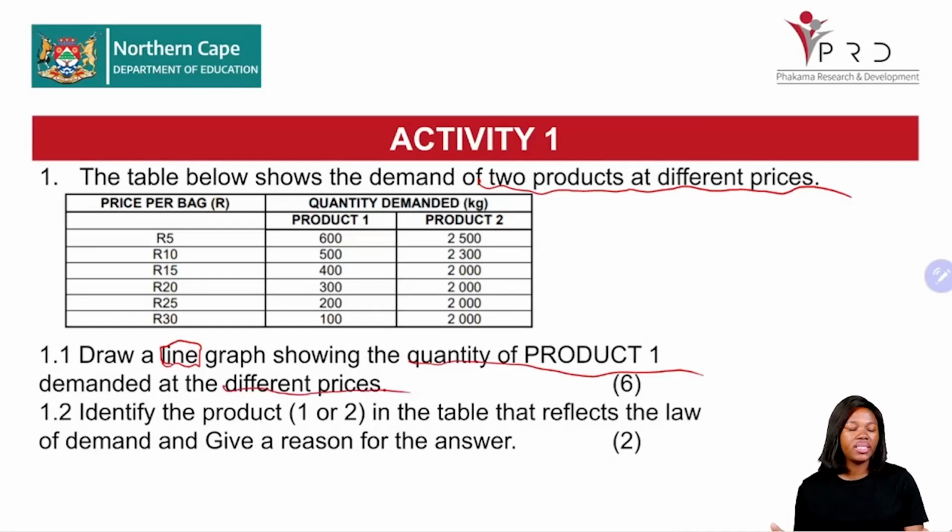Meaning you are not expected to draw a graph between the price and product 2. That will be wrong, because the question is very clear that we only want the line graph between the price and the quantity of product 1.